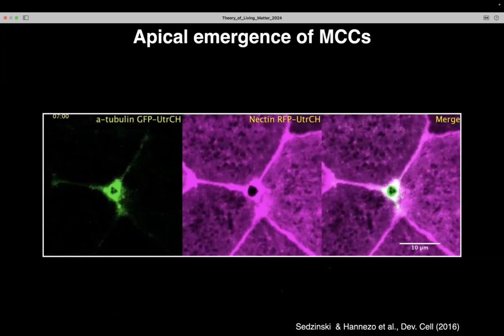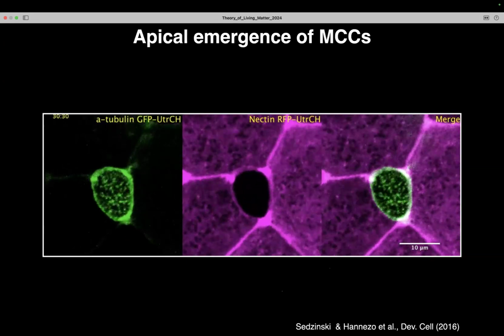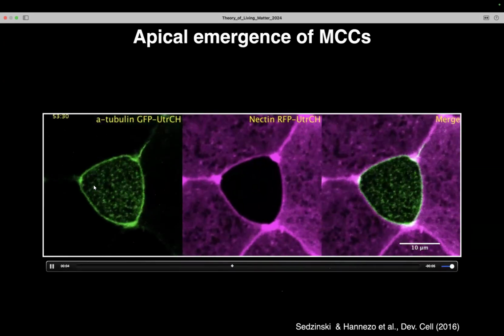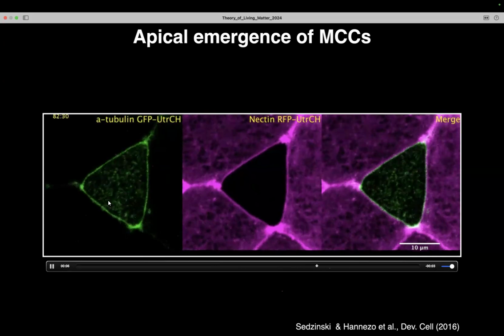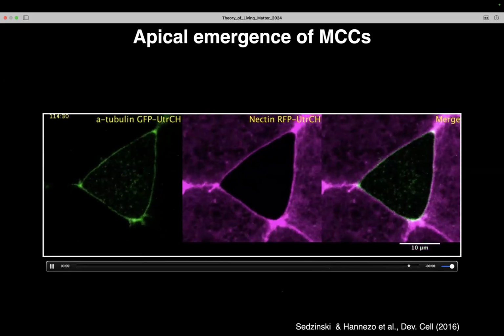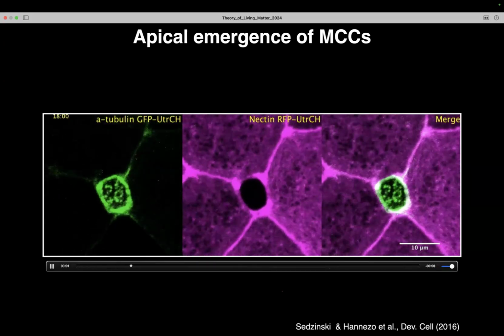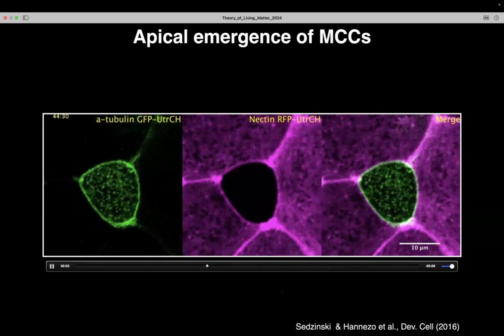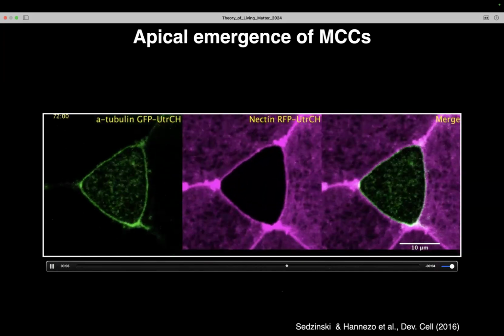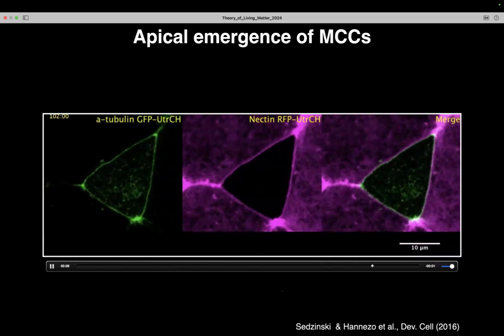Experimentally, this process looks like this. Here on the left, in green, we see the expansion of the apical domain within the progenitor of the multiciliated cell. And in magenta, we see the dynamics of actin in the surrounding goblet cells.